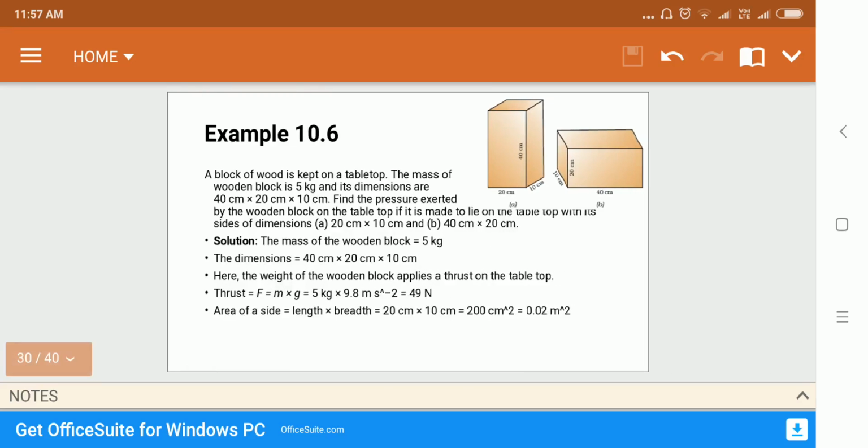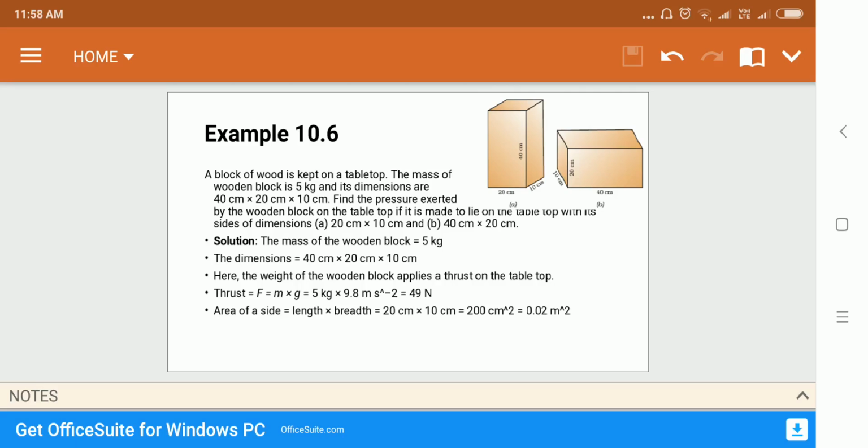So let us understand this thing, thrust, in terms of an example. A block of wood is kept on a tabletop. The mass of the wooden block is 5 kg and its dimensions are 40 centimeter cross 20 centimeter cross 10 centimeter.